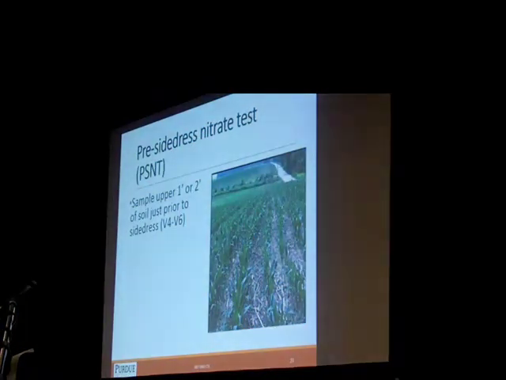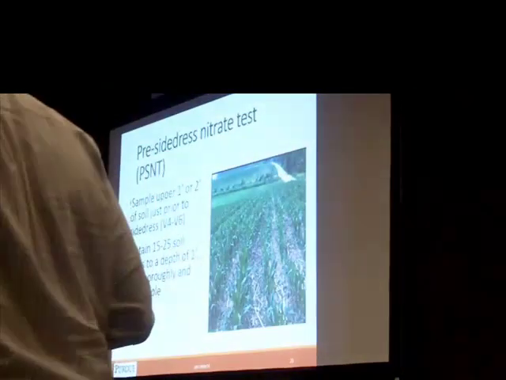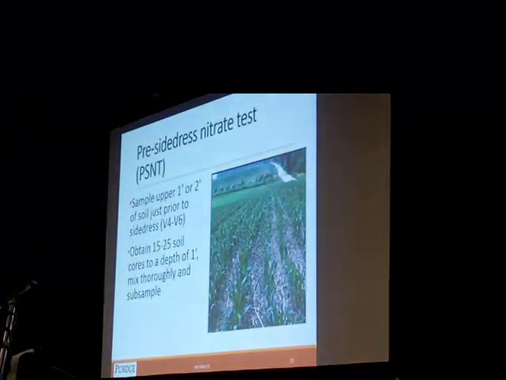So a PSNT would be sampling the upper 1 foot or sometimes 2 foot of soil just prior to side dress time. The longer you wait, the more accurate assessment of availability. Takes a lot of cores. Soil nitrogen is very variable, particularly when manure is used as the nitrogen source. Those cores need to be mixed thoroughly and a subsample taken.